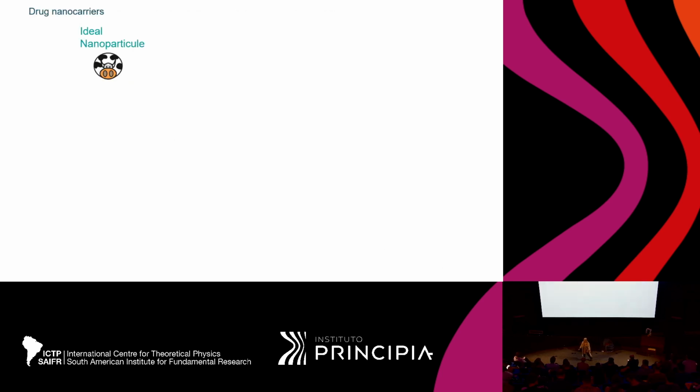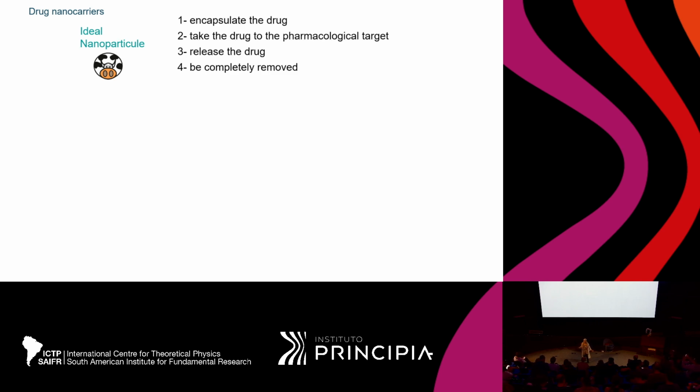But I will go again over a concept that Paul presented yesterday. What is the ideal nanoparticle? The nanoparticle that is the spherical cow. As I said, each nanoparticle will depend on the application that we need and the particularities that they have.